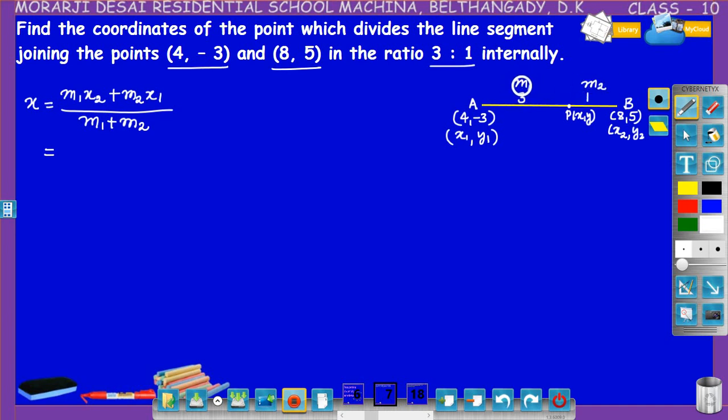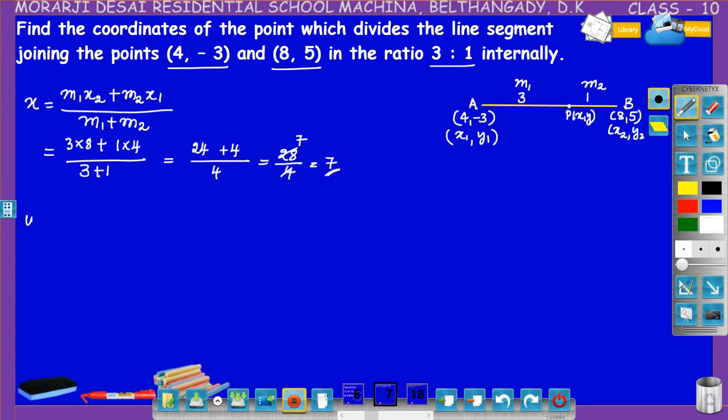Now see here, m1 x2, that is 3 into 8, plus m2 x1, that is 1 into 4, divided by m1 plus m2, that is 3 plus 1. 3 8s are 24 plus 1 4s are 4 divided by 3 plus 1 is 4. So 28 by 4, that is equal to 7. So x coordinate of point P is 7.